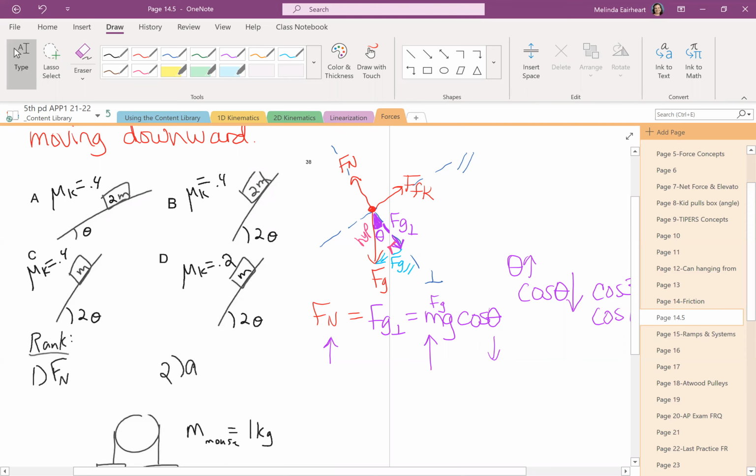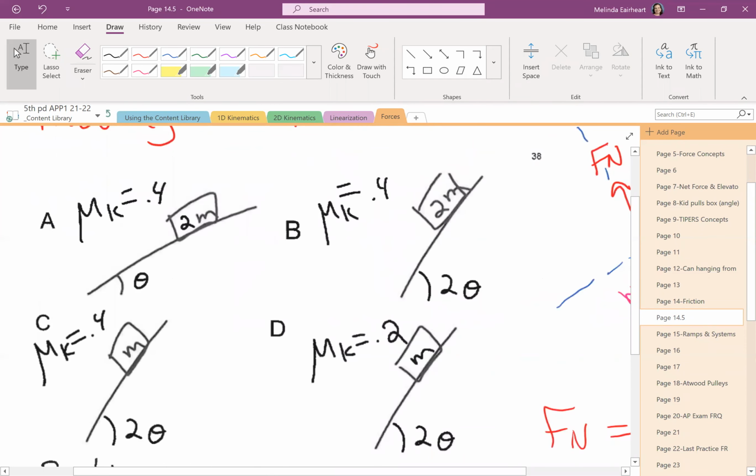I know it's Monday after a time change, but M or 2M, who has the greatest mass? 2M, so it's between A or B. And so who of A and B is going to have the greatest normal force? Well, who has the smaller angle? A. And so A is going to be the greatest, right?